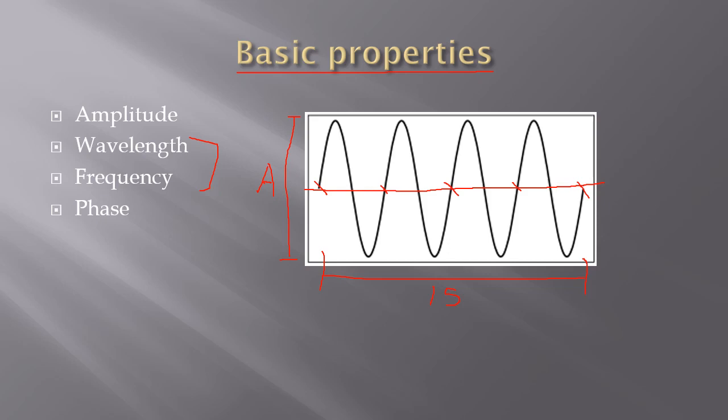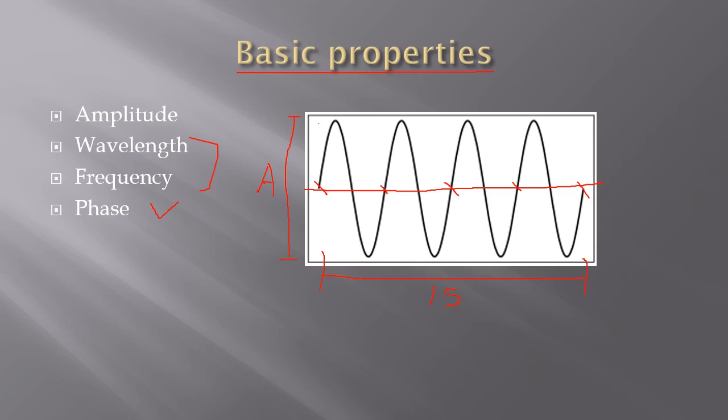Okay, and then the last property is what is called the phase. The phase measures the relative position of one signal to the other.